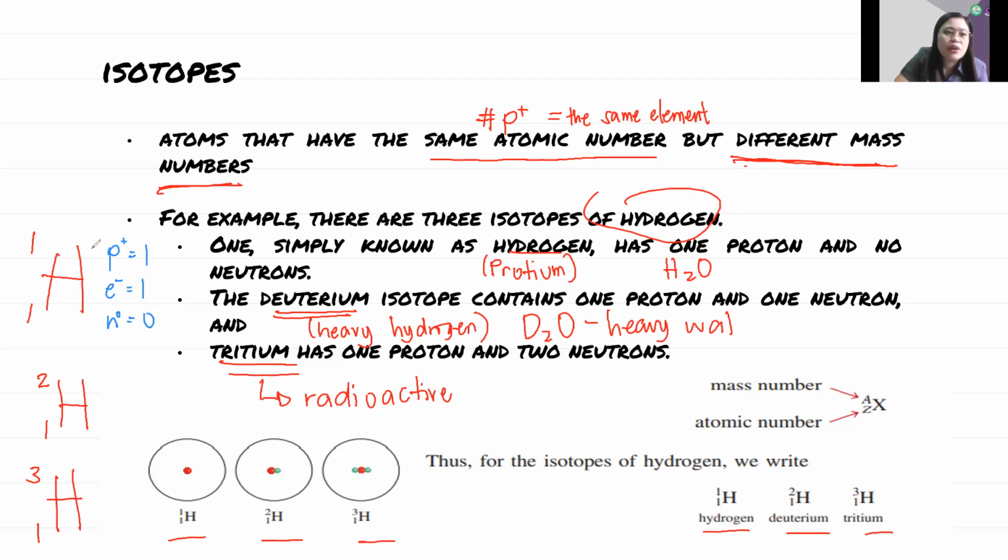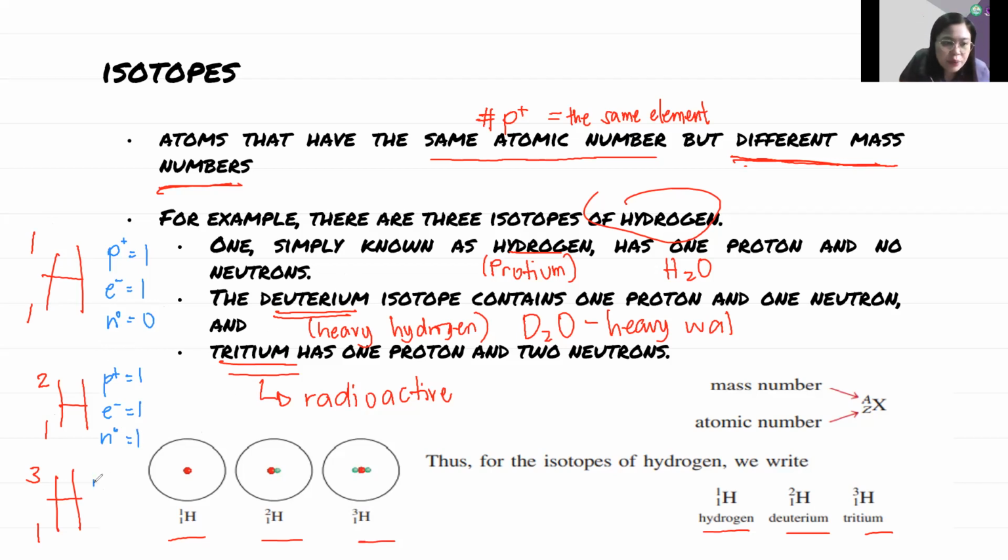So this is 0, 1 minus 1. Now, for the deuterium, we have protons, still 1, and electrons, still 1. And for the neutrons, this is 2 minus 1. So deuterium has 1 neutron here. That is why its mass number is 2.